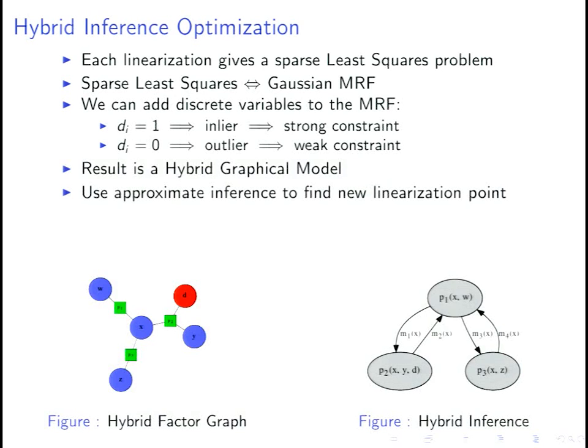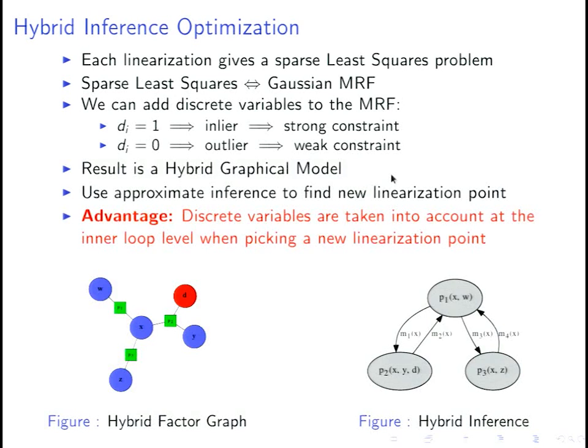So the main idea here is that if you do it this way, the discrete variables are taken into account inside the inner loop of the optimization algorithm. So you're not reweighing outliers and inliers after solving the least squares problem. As you're solving the least squares problem, you're trying to find which discrete variables you can switch around to find the best value of the rest of the continuous variables.